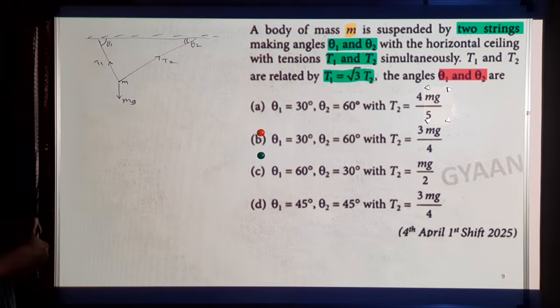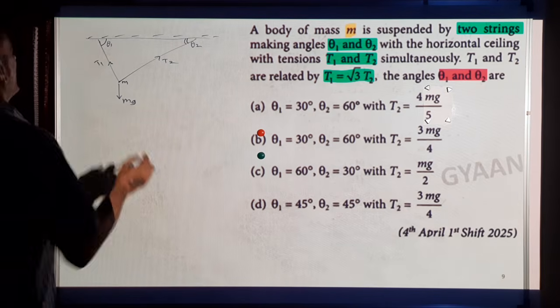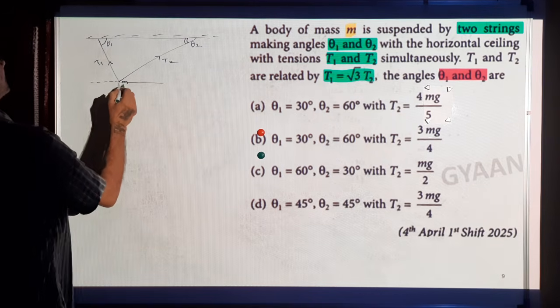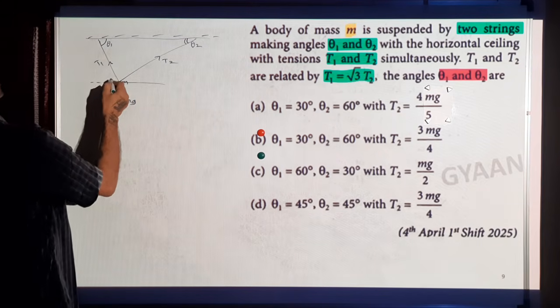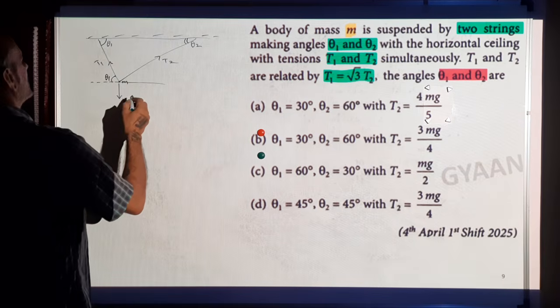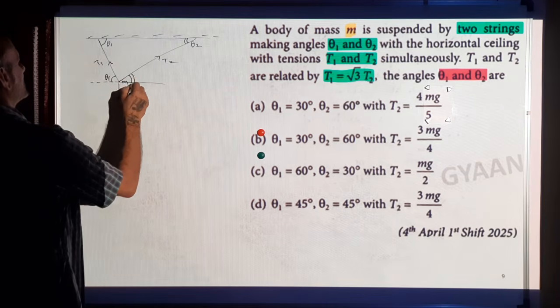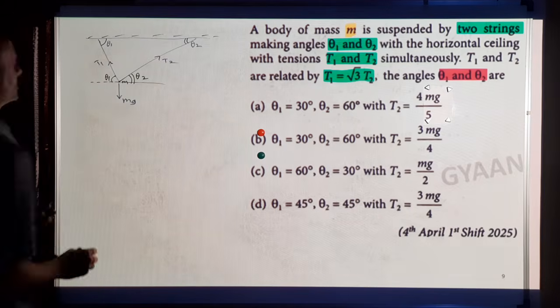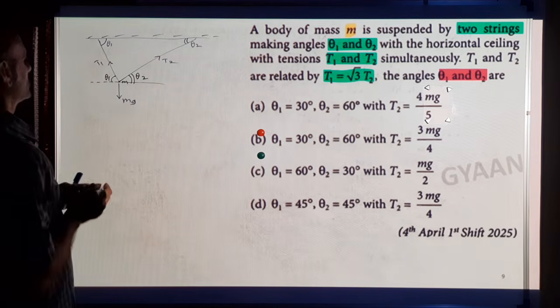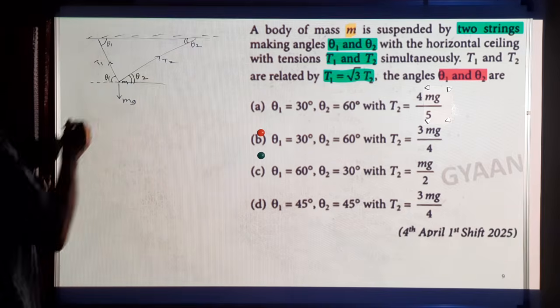So three forces are in equilibrium, so we can use Lami's theorem. This is theta1, so if I draw a horizontal here, this angle is also theta1, and this angle is theta2. So this is 180 minus theta1 plus theta2, because for a straight line the full angle is 180.